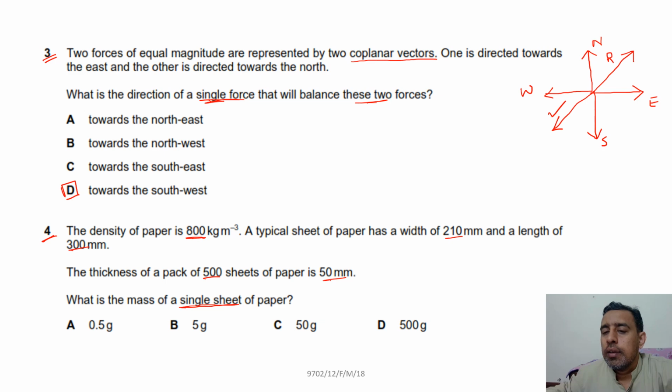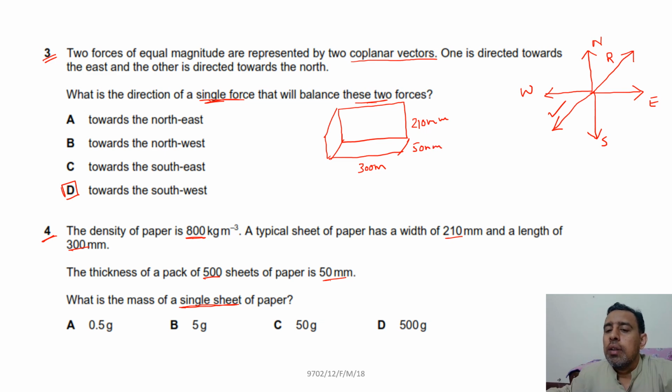So suppose we have a book like this one, and this is the length of the book, and it is 300 millimeter. The width of the book is 210 millimeter, and the thickness of the book is 50 millimeter.